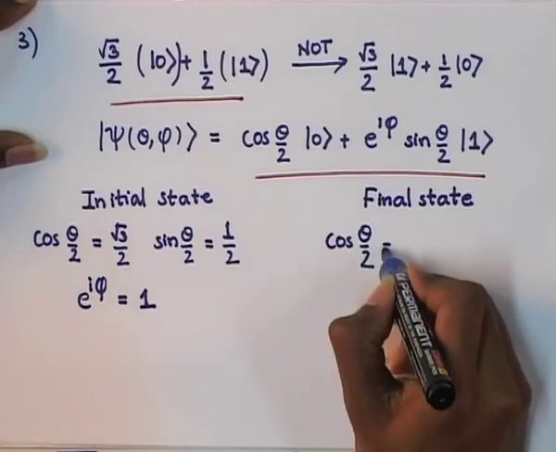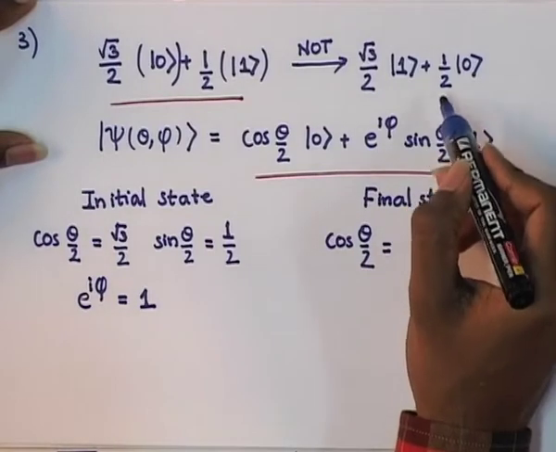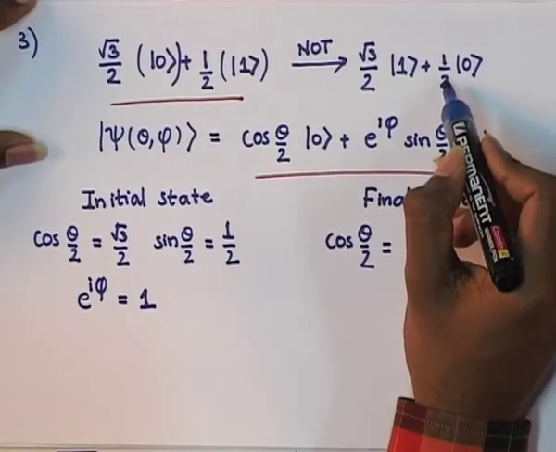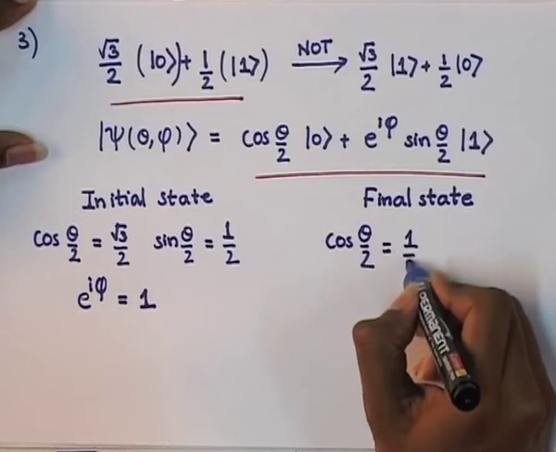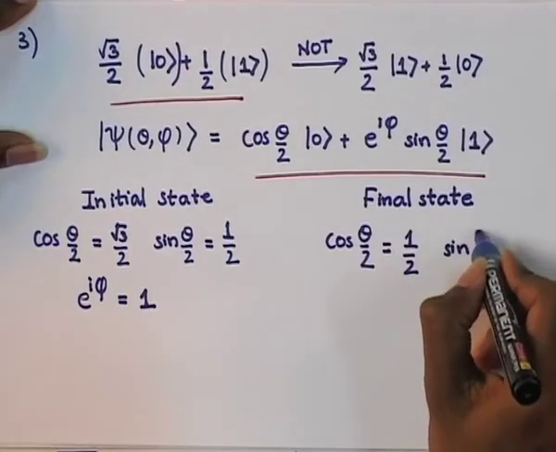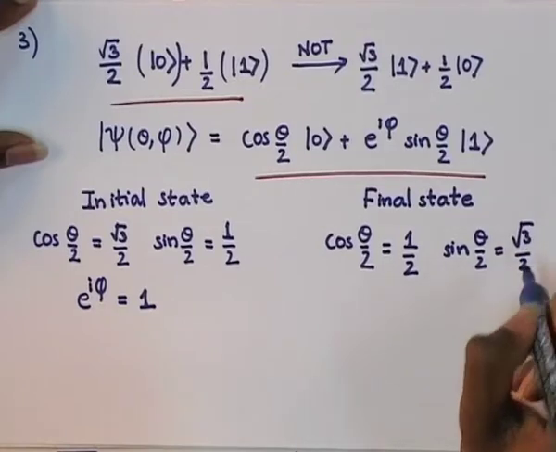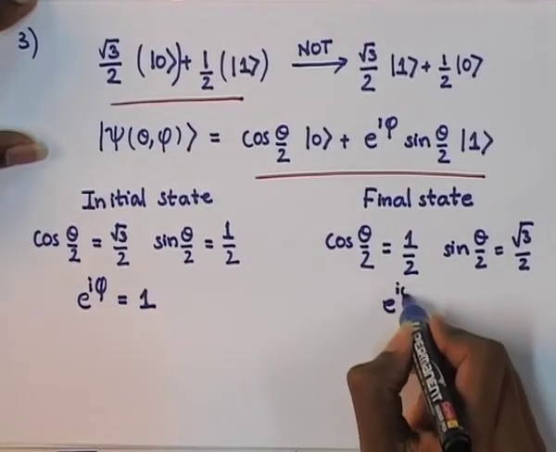cos theta by 2 is half. Cos theta by 2 is the coefficient of qubit 0, and in the qubit 0 we have coefficient half. And even here we don't have any complex component.